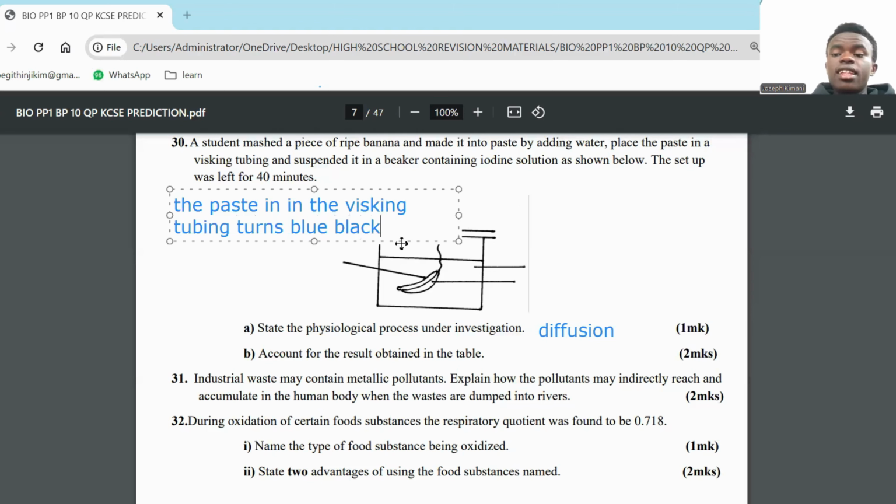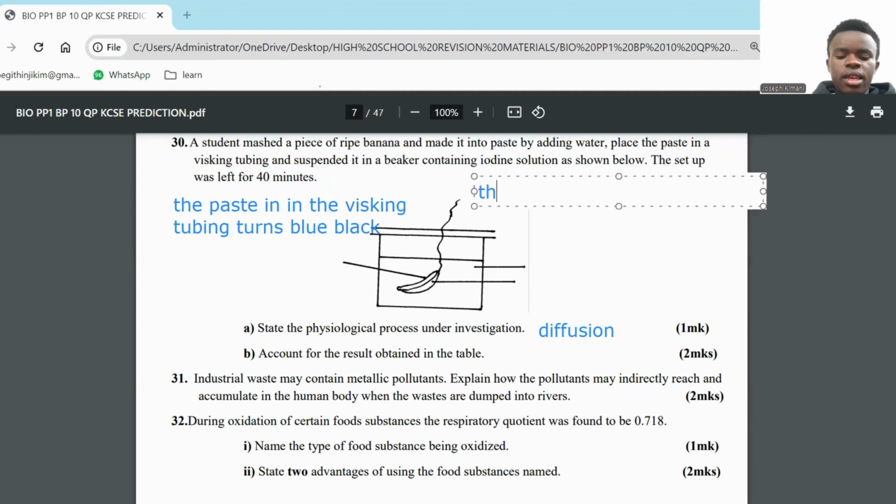Because the iodine from the beaker will have diffused through the semi-permeable membrane, which is the visking tubing, into the paste. Remember when iodine mixes with starch, it will form a blue-black solution. That's one of the observations. We'll have 3 observations here.